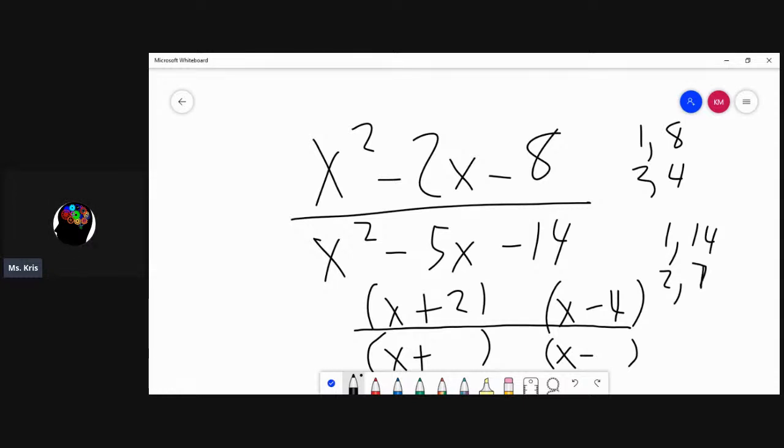Now 14 minus 1, that's 13. 7 minus 2, that's 5. So that means my bigger number goes in with the negative, and my smaller number goes in with the positive. And of course, the binomials, top and bottom, they cancel. And what I'm left with is x minus 4 over x minus 7.